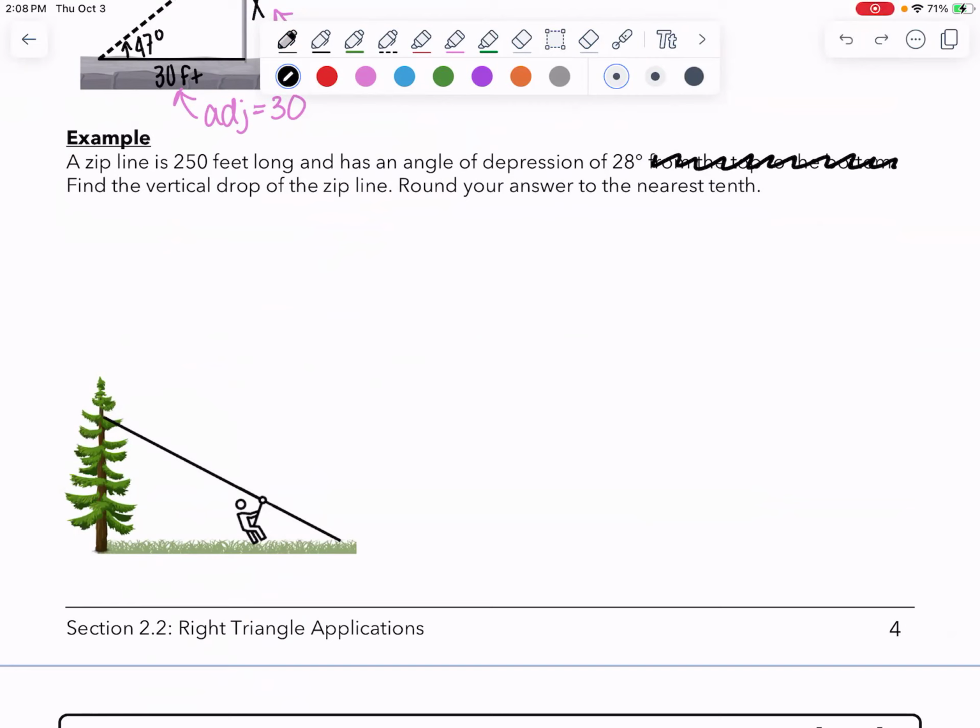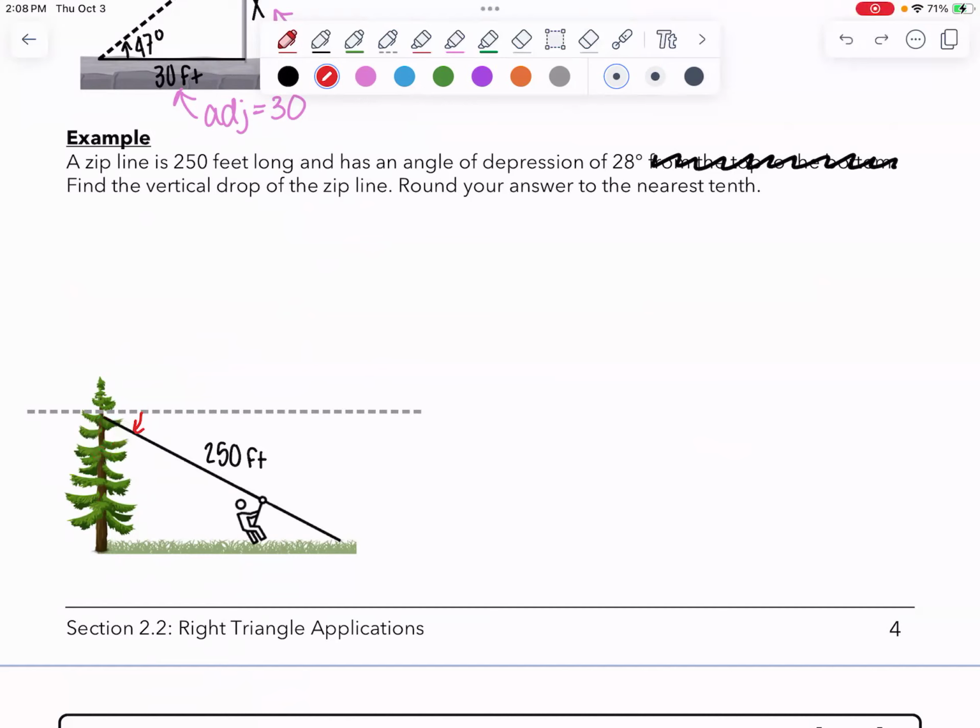So we have a 250-foot long zip line and an angle of depression of 28 degrees. We want to find the vertical drop of the zip line. This angle of depression tends to be where people get confused. The angle of depression always goes from the horizontal downward, so oftentimes people will put it right here, but that's not correct.